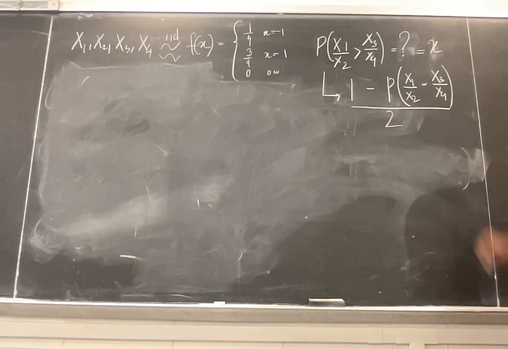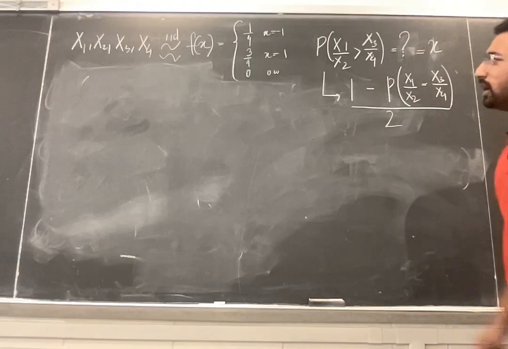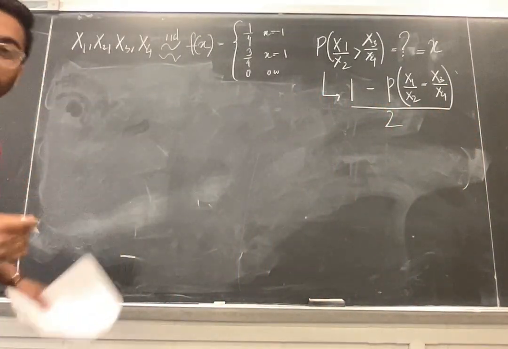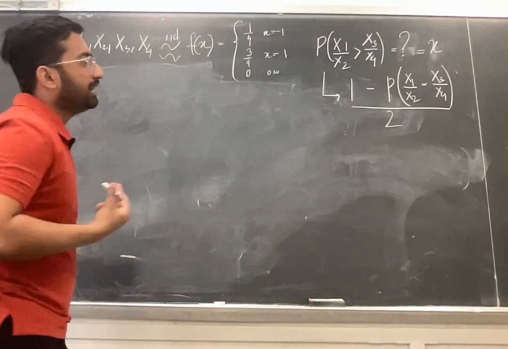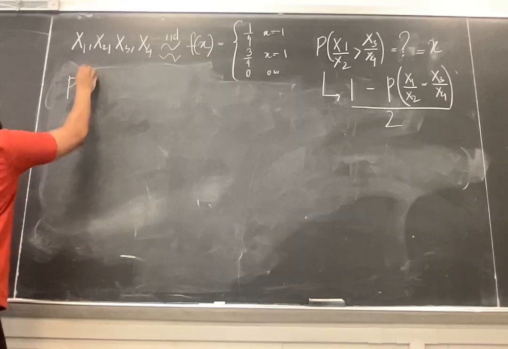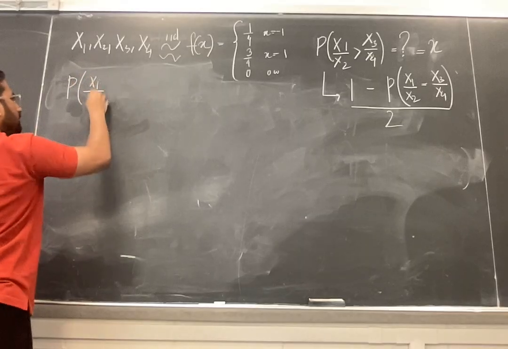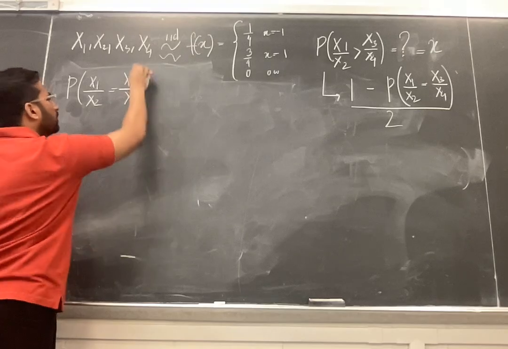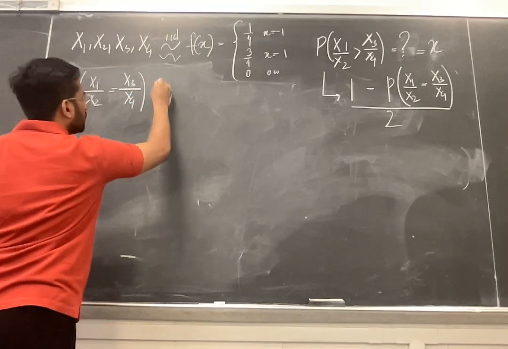So we need to find this probability. Now, given that this is a PMF, it's pretty easy to find because there are a finite number of options x1, x2, x3 and x4 can take.